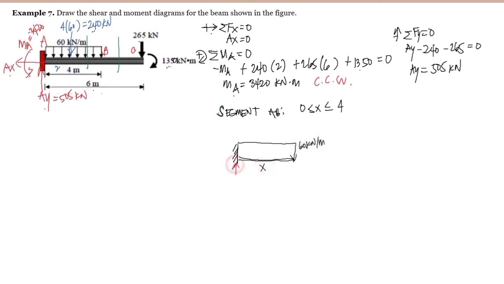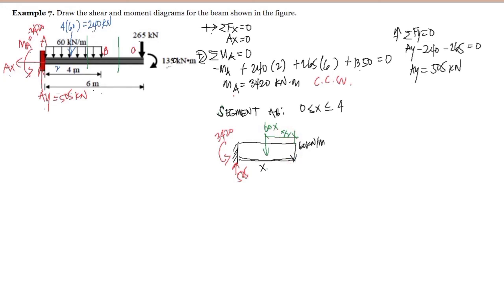We have here 505 directed upward, and we have here 3420 directed counterclockwise. And for the resultant of the load here, we have 60 multiplied by the distance x, and it can be found at half of the distance x. Now from the section, this is x over 2.